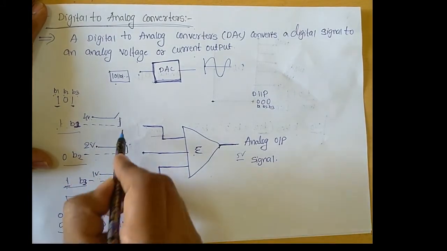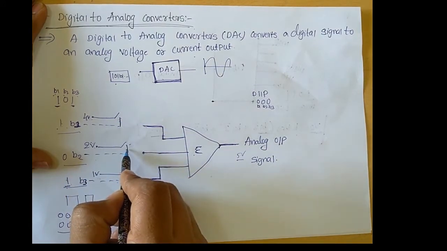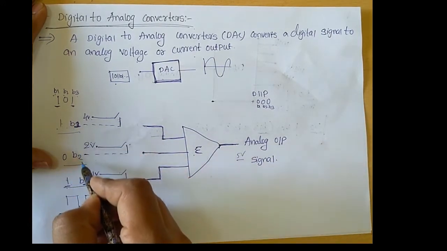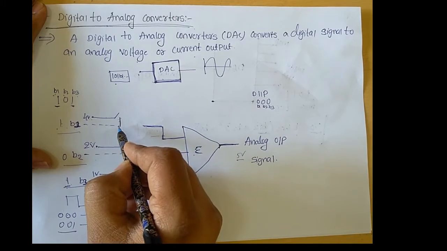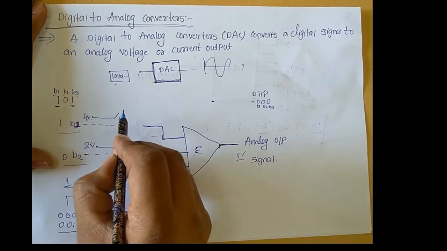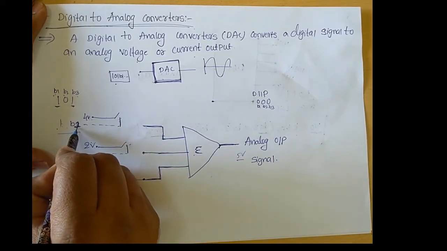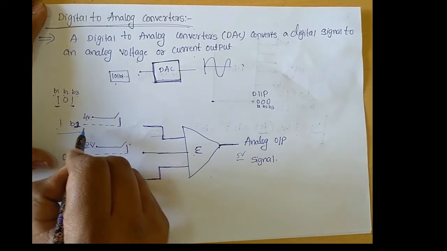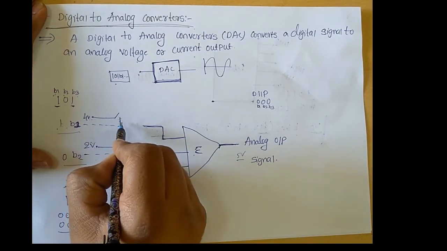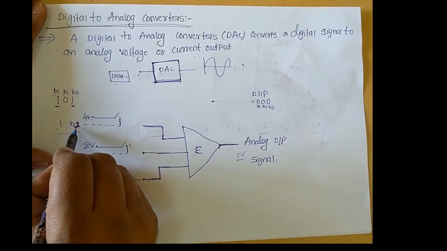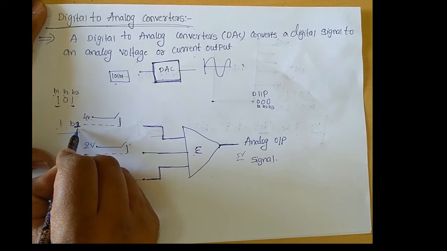At that time, these act as switches. With respect to this binary information, these switches act as a closed switch or open switch. This switch will be open when we apply binary 0, and this switch acts as a closed switch when we apply binary 1.